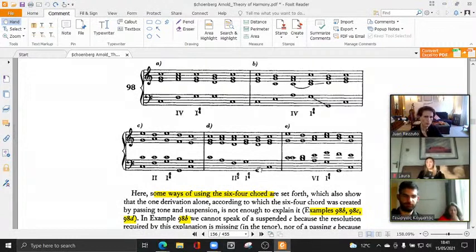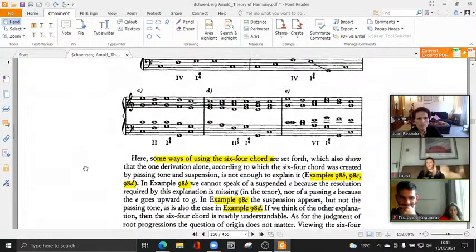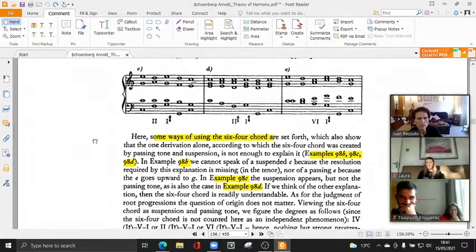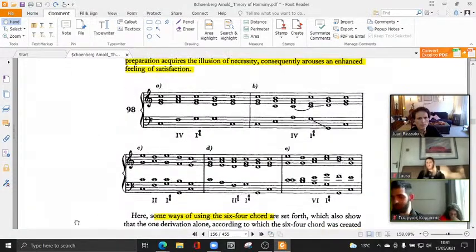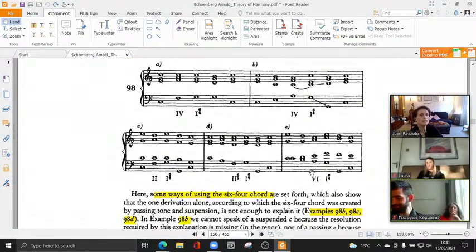Now, that's why you have several ways to end a cadence. For example, example D, we saw it. Example E, let's examine this example a little bit.